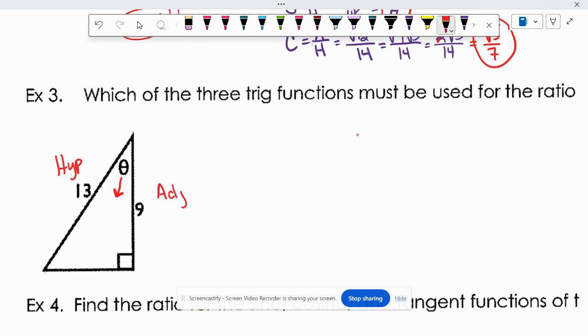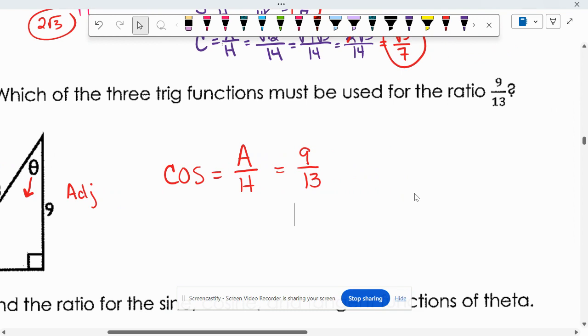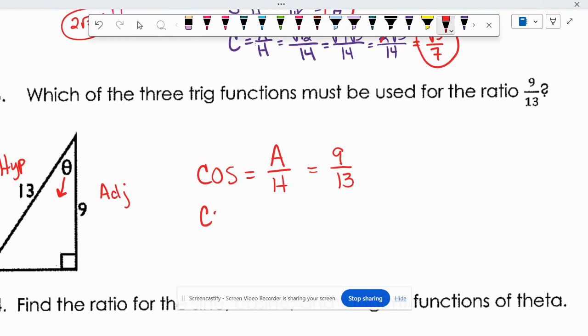What trig function uses A and H? Cosine. The cosine is the adjacent over the hypotenuse, which is 9 over 13. Isn't that what it's asking you to find, that ratio, right? So this is just, what are you going to use? You're going to use the cosine of theta. That's what it's asking you for.